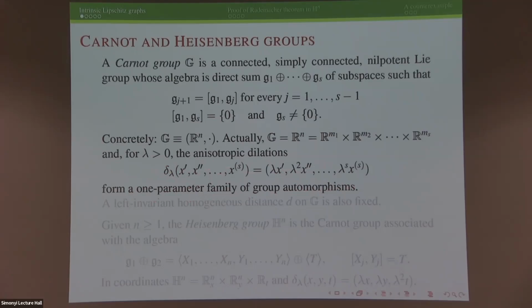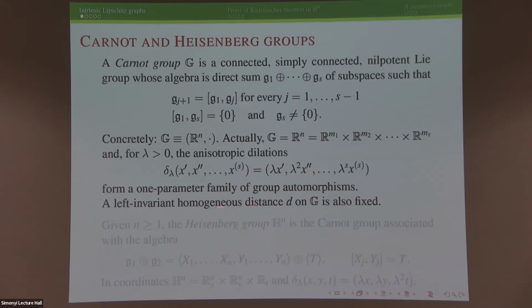So up to now, these are exactly stratified groups, as well studied, for instance, by Stein and his school. They are named Carnot groups whenever you endow them with a certain distance, d. So we fix a distance d which is left invariant, meaning it is invariant under left translations, and which is homogeneous, meaning that when you scale the two points by a factor lambda, then the distance gets scaled by a factor lambda.